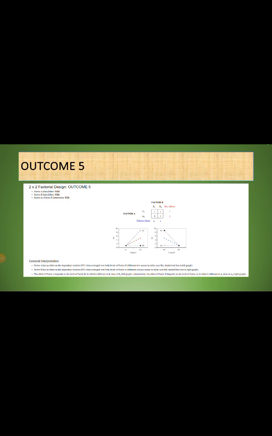Let's move on to outcome number 5. Factor A has an effect on the dependent variable when averaged over both levels of factor B. And the second interpretation, factor B has an effect on the dependent variable when averaged over both levels of factor A. So it's always similar that whenever the dependent variable is averaged over both levels of a factor, there's an effect on the dependent variable.